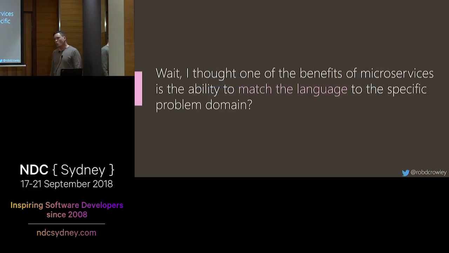But one of the things we often heard purported about microservices is that you can write them in whatever language you want. And again, write the language that suits the particular problem. But service discovery and circuit breakers are actually very complicated things. And in fact, there are libraries available for most of them. So in the Java space or the JVM, you might have heard of Hystrix from Netflix, or Polly in the .NET space.